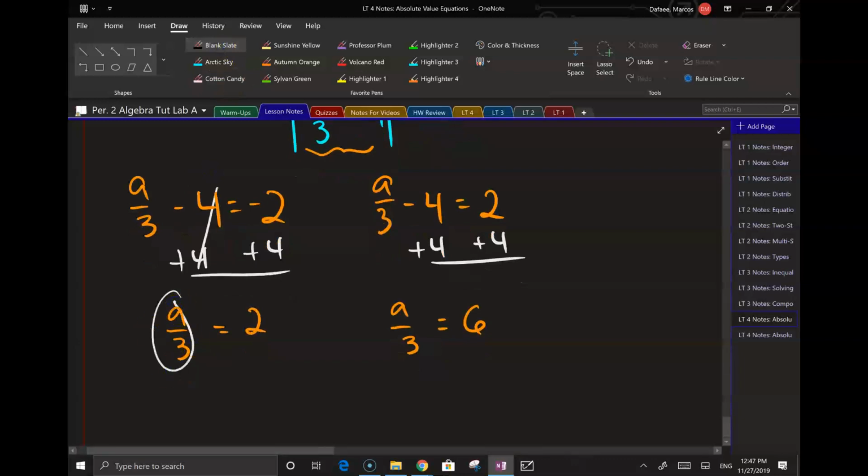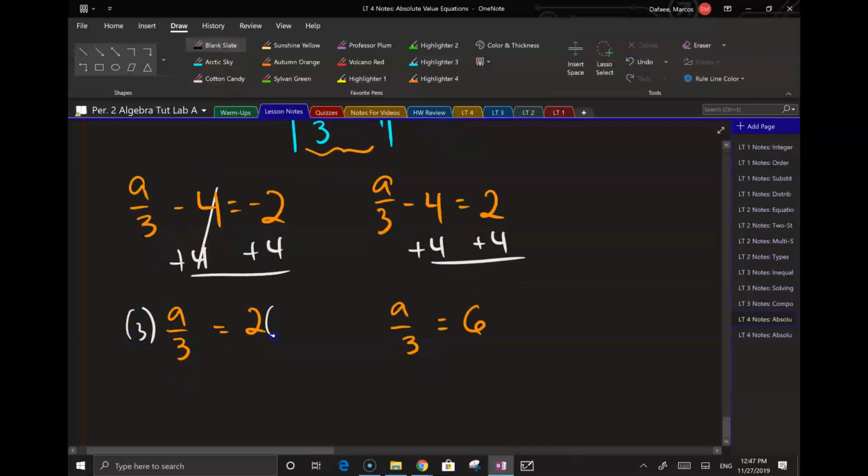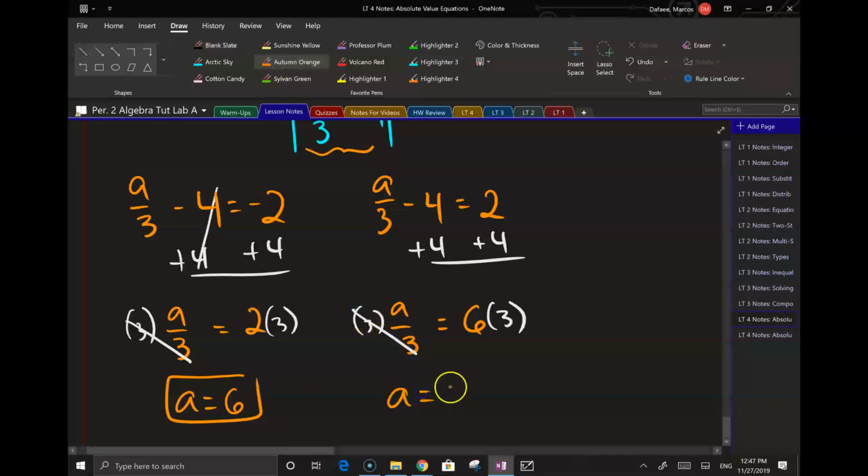So since we have division, we undo that by multiplication. So we're going to multiply both sides by 3. And again, you can do the same thing on both sides. And these divide, and you get your first answer, which is a equals positive 6. And these divide, and you get your second answer, which is a is equal to positive 18.